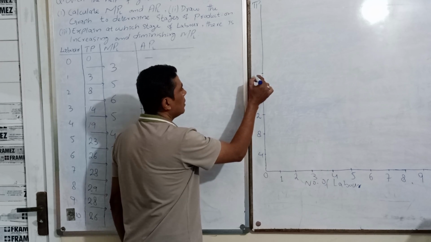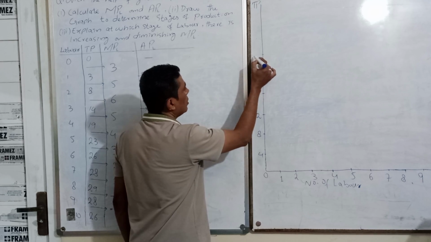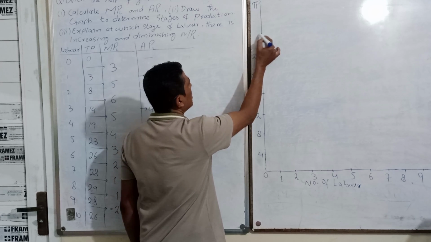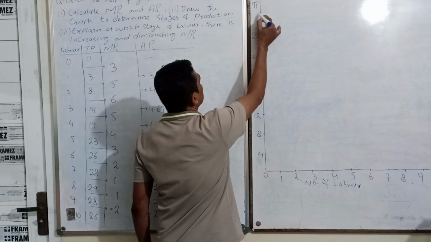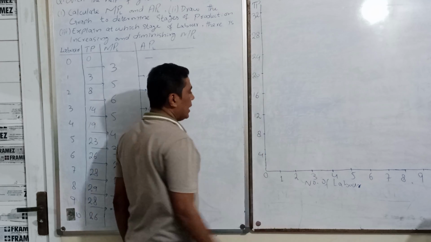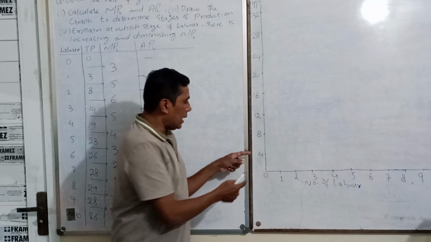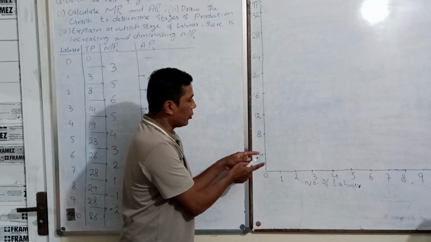this one is 20. Add 4, 24. This value is 28. Now add 4, so the next value will be 32. So guys, clear what I did? I took an equal distance of 4 units.